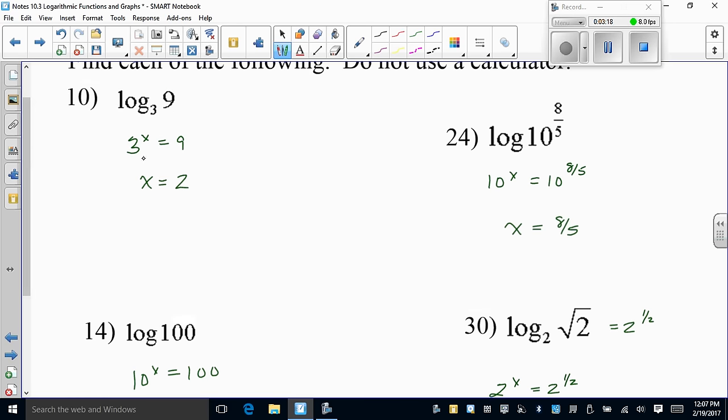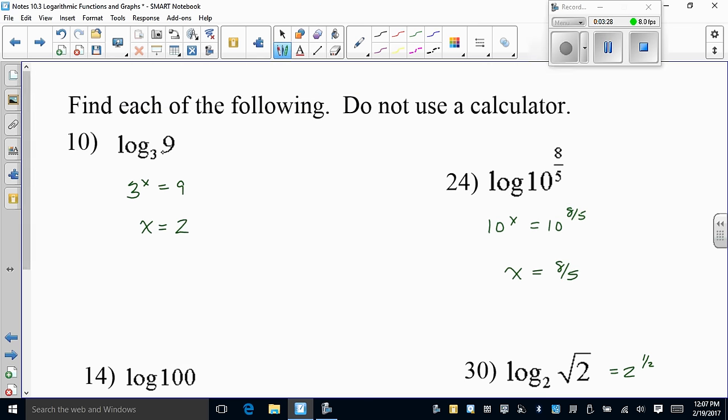What did I raise this base to? What power did I raise it to? So let's put that one in words. This one specifically: 3 to what power equals 9? Same here. 10 to what power equals 10 to the 8/5. 10 to what power will give me 100, so on and so forth.